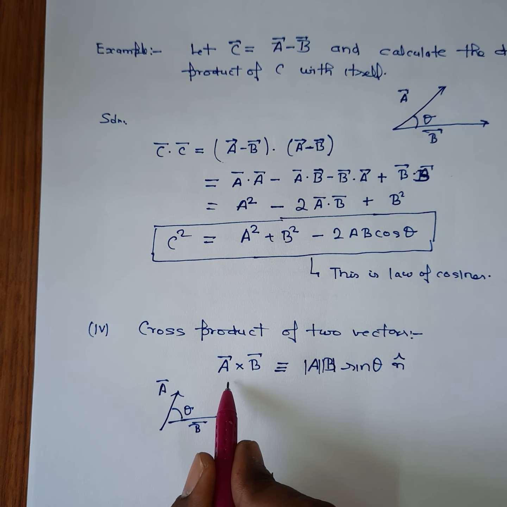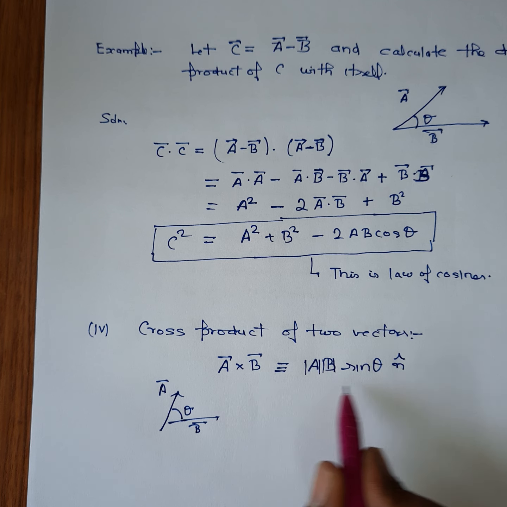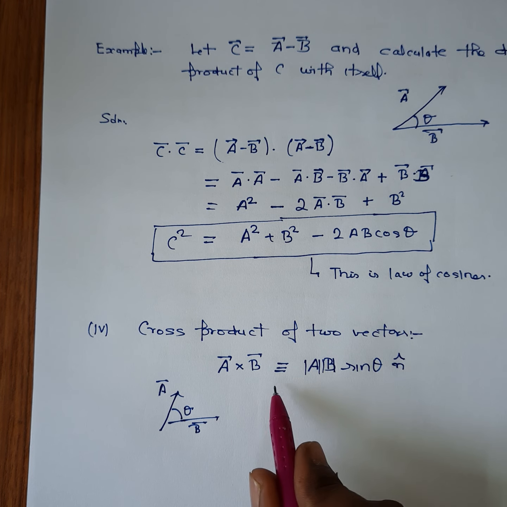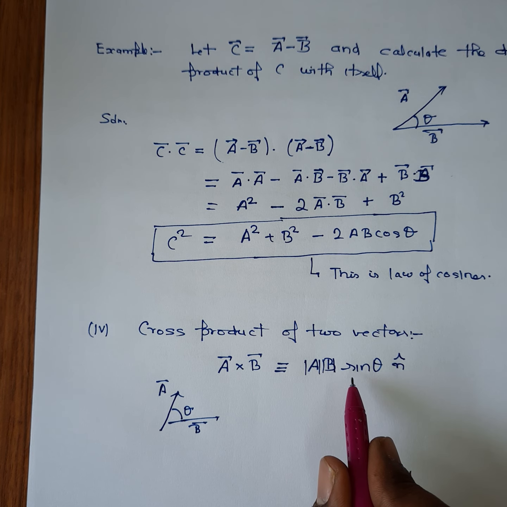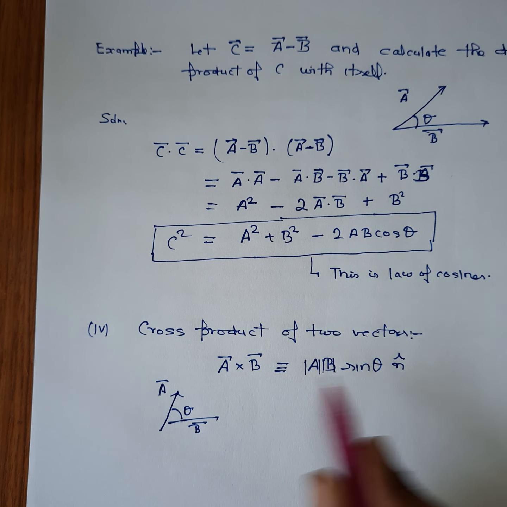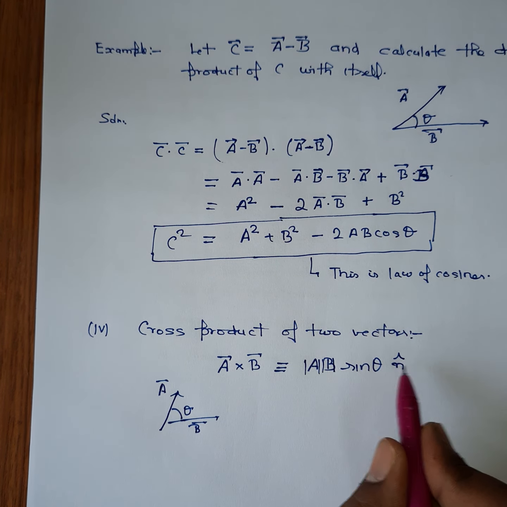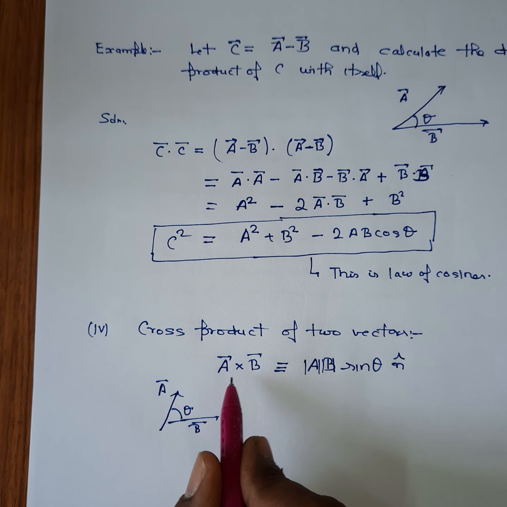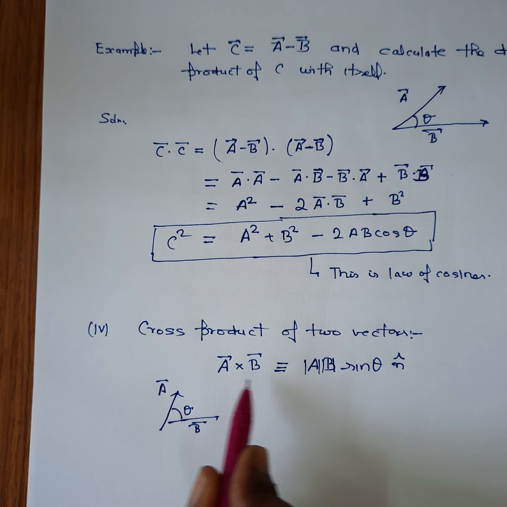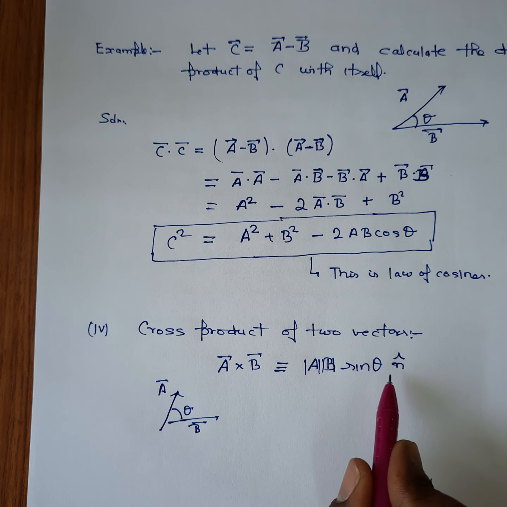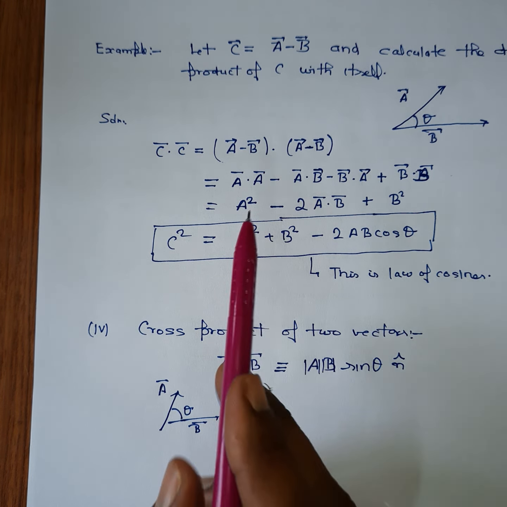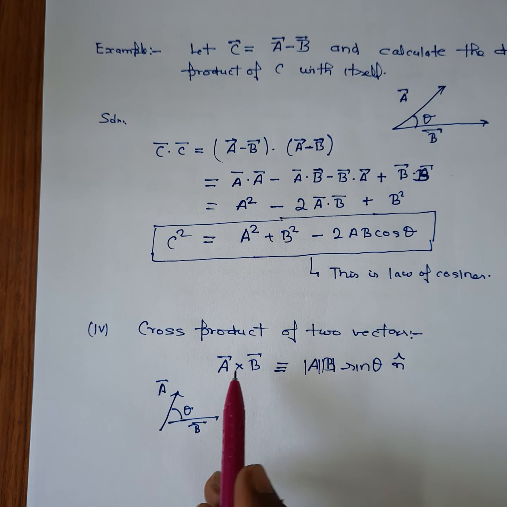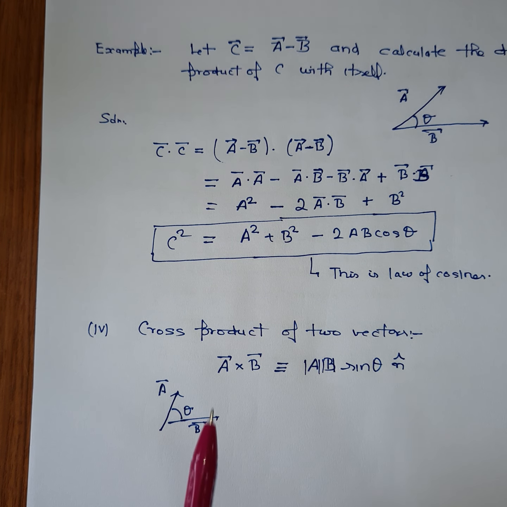So the cross product is defined as this relation: A cross B is equal to mod of A mod of B multiplied by the sine of the angle between them. Please notice here that the cross product is a vector quantity, unlike the dot product.